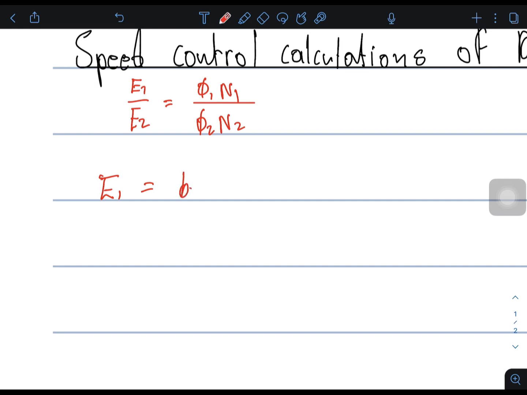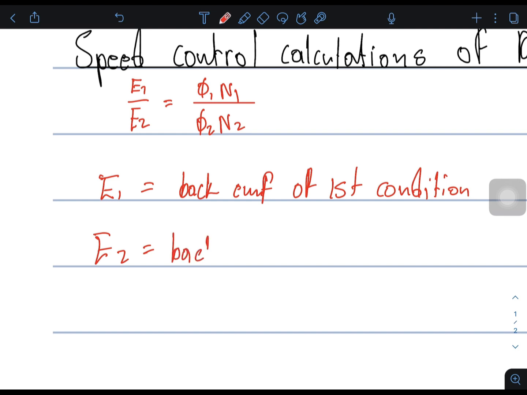is back EMF of first condition. Then E2 is a back EMF of a second condition.